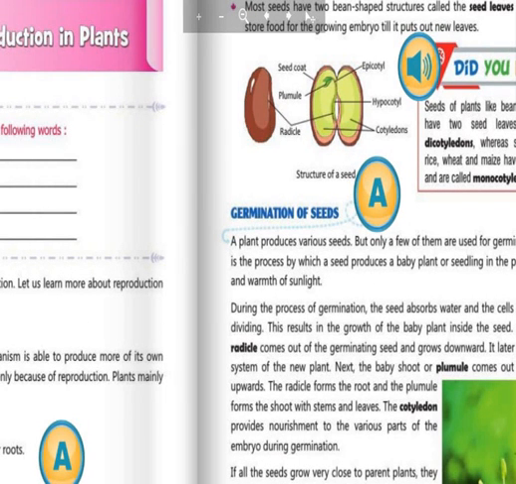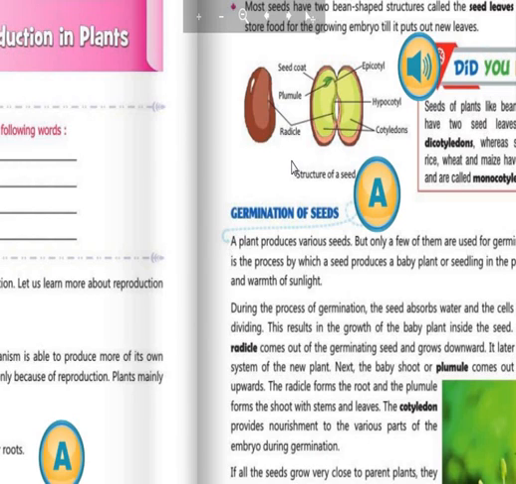Most seeds have two bean-shaped structures, also known as seed leaves or cotyledons, and they store food for the growing embryo till it puts out new leaves.